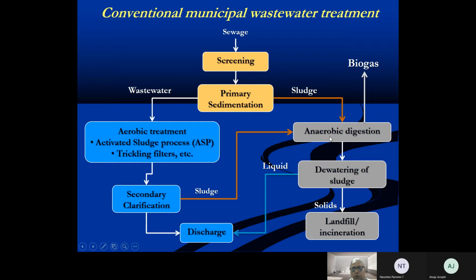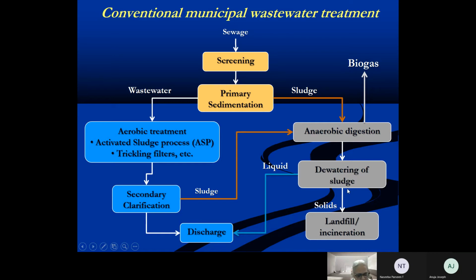Now, this sludge which goes to the anaerobic digester, the volume and the weight of the sludge is going to be reduced tremendously because of the anaerobic digestion process. So one thing is that biogas will be generated. Second thing is the amount of sludge will be reduced in volume. And finally, the water from that biomass will be removed by various processes. I'll give you some examples.